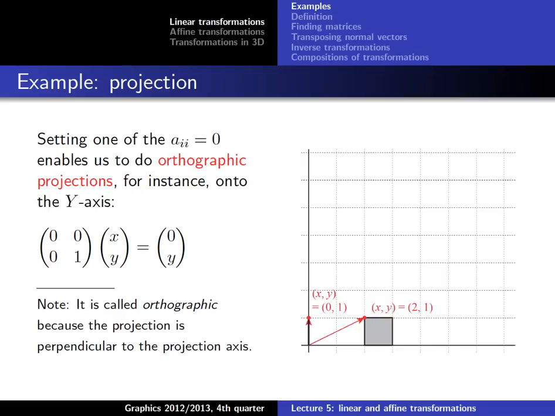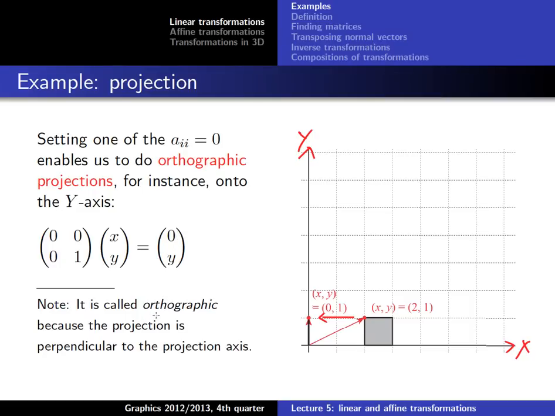Geometrically, you can see this as an orthographic projection onto the y-axis. This is the y-axis, this is the x-axis. It is a projection onto the y-axis because the y value stays the same and all the x values are set to 0.